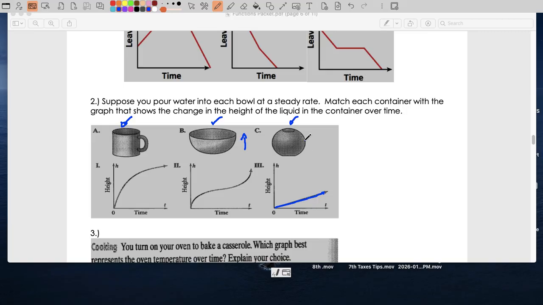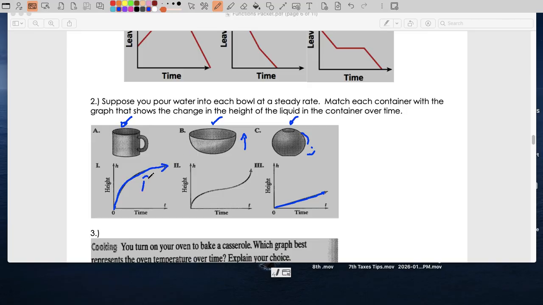Whereas this one, as it goes to the top, as you're filling, it starts fast, and then it slows down, right, because there's more water to fill. And as it's going up, it fills faster because the opening starts closing. So this one starts slow, and then it slows down as it goes on top because it takes more time to fill.